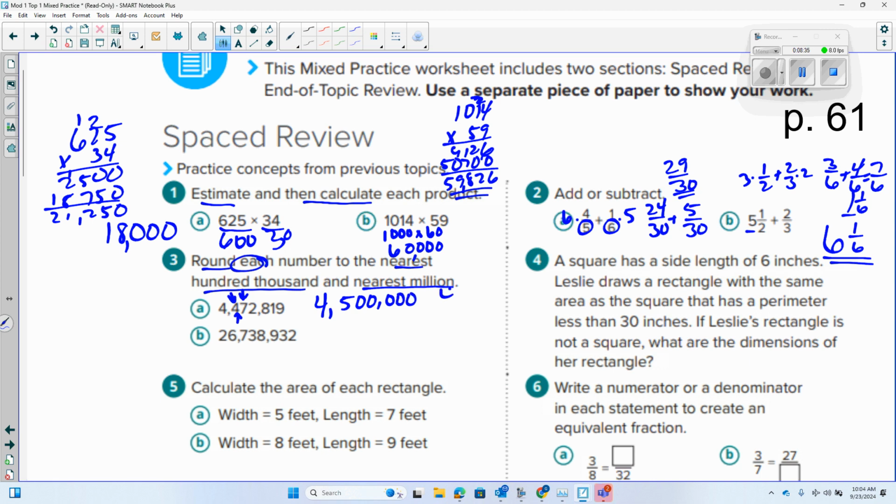It's going to be 4 million. Nearest 100,000 means I need to look at that number because this is where I'm rounding. So that becomes 26,700,000. Then rounding to the nearest million means I'm looking at this number. I'm rounding here. That's going to be 27 million.